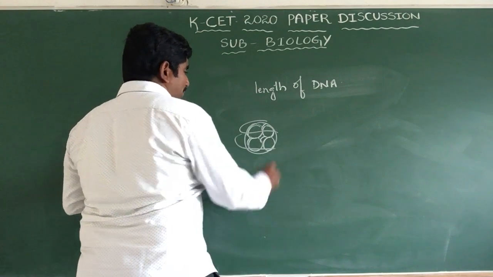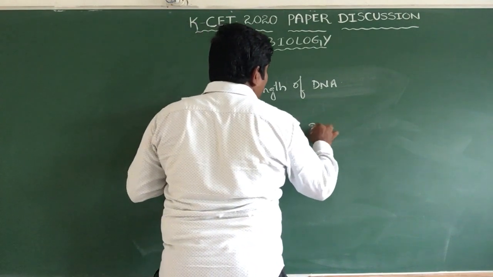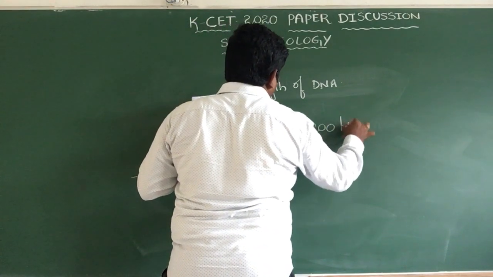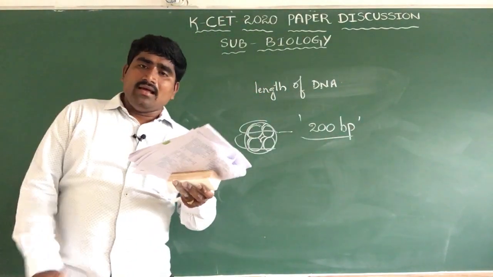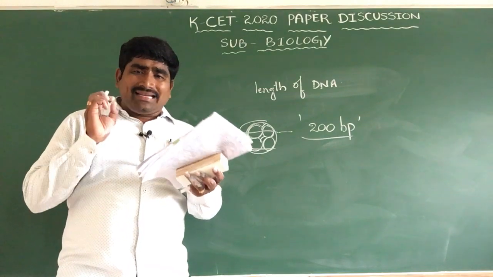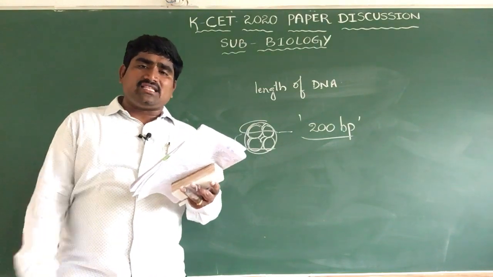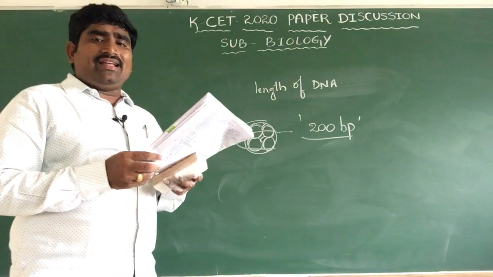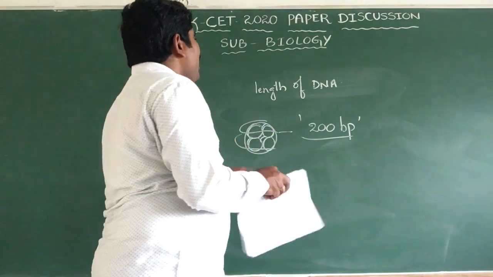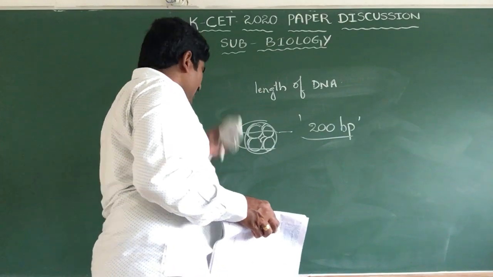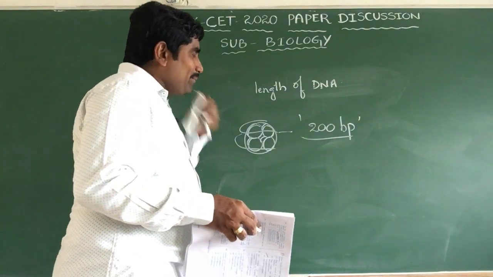So a nucleosome contains 200 base pairs of DNA. Two rounds of DNA will be there, that is 200 base pairs. So the answer is 200 base pairs. Clear or not? The answer is 200 base pairs.